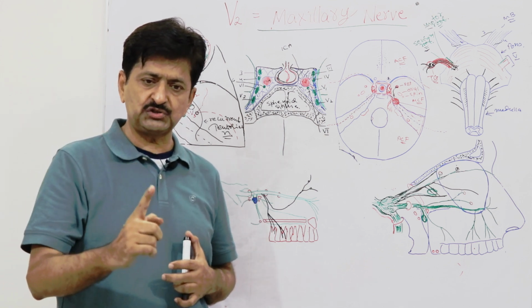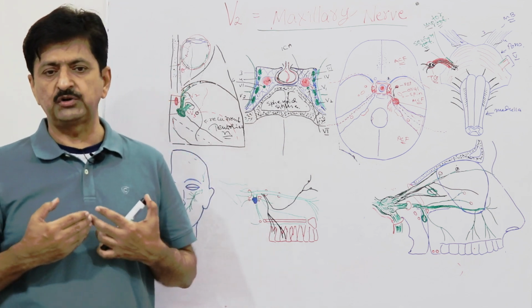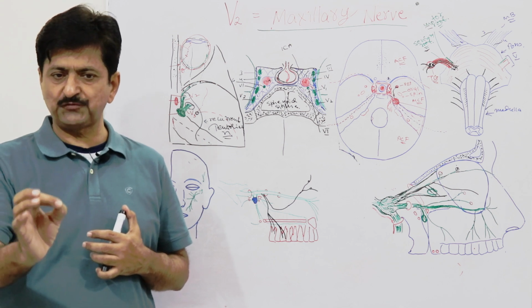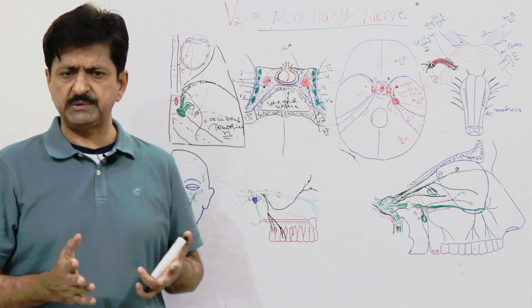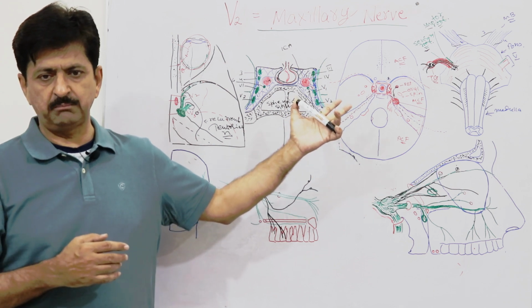Then comes the exit point: the fissure, foramen, canal or meatus through which it gets out of the cranial cavity. The exit foramen is the very famous foramen rotundum, which gives passage to the maxillary nerve.